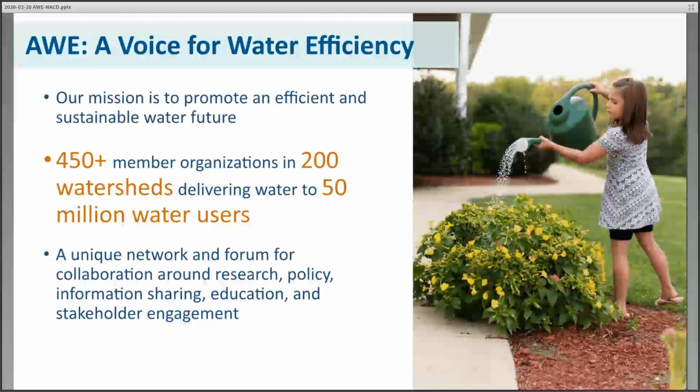It's comprised of stakeholders with a lot of different perspectives. I mentioned we have water utilities as one of our largest members, but we have folks from business and industry, plumbing equipment manufacturers, academics, local government, state government, you name it. If people are into water and water efficiency, they tend to be part of our network.